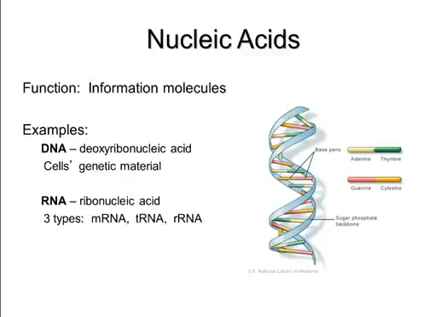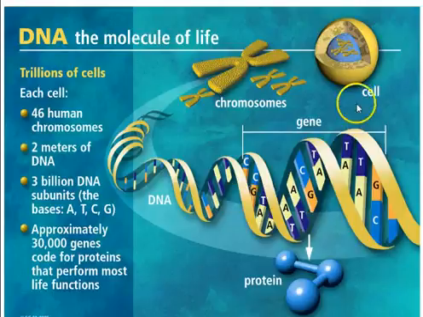And you have different bases in it. So the DNA makes up the chromosome. That's the information hub for all of the cell. That's where its information on how to make everything it needs for that cell to survive is contained in that DNA.